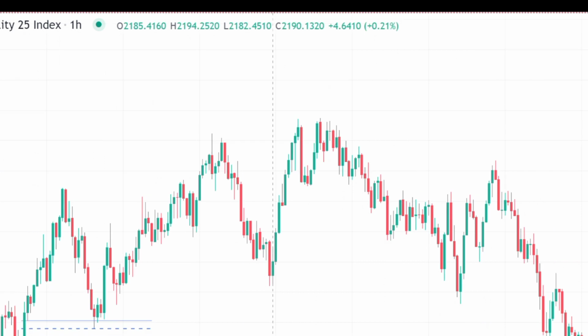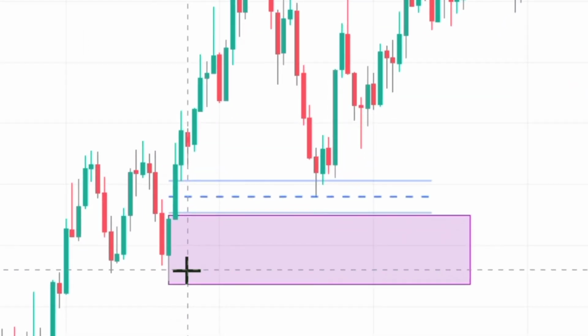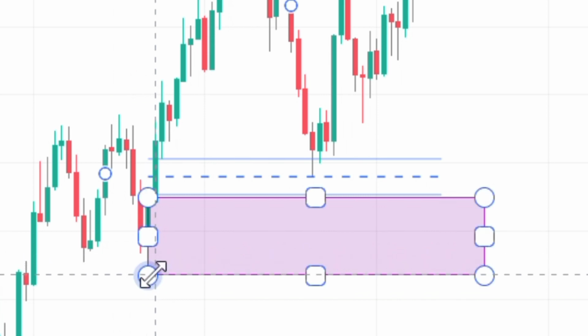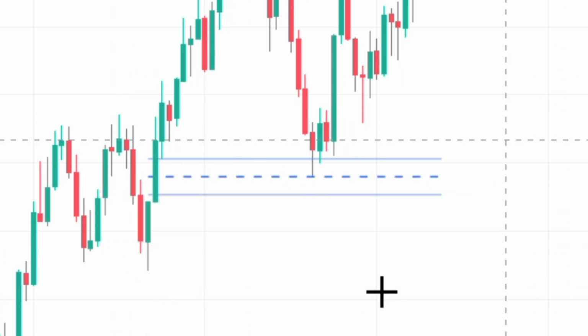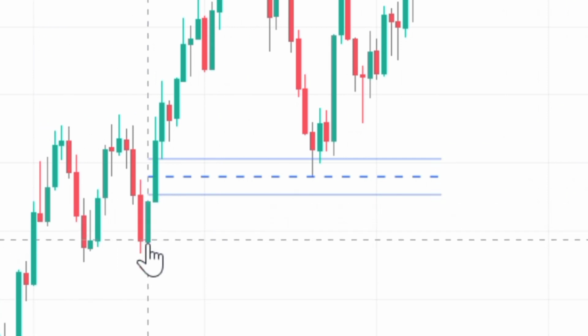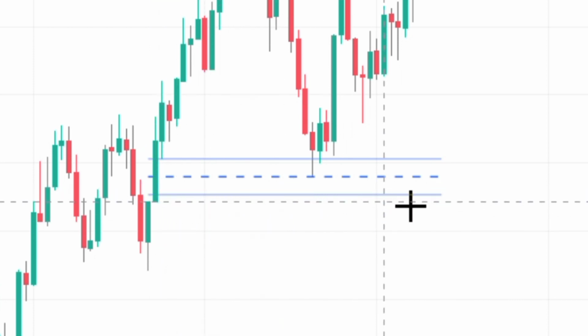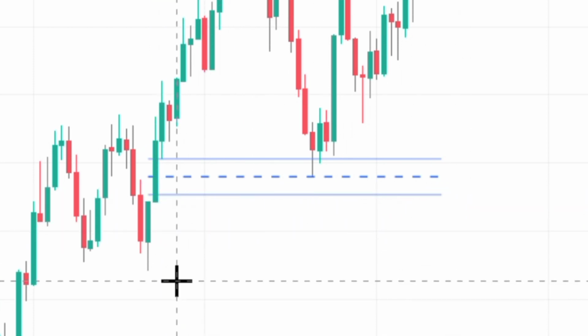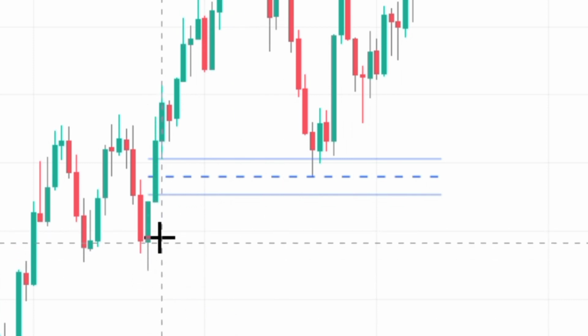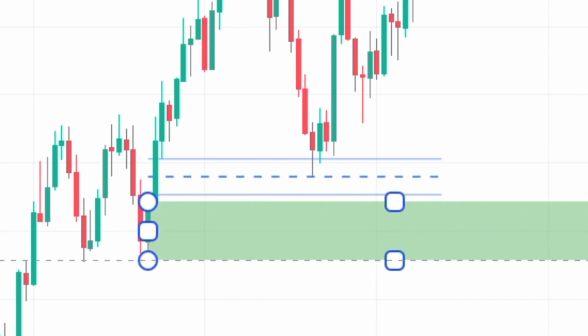So let's go on. I made more examples. Over here we have another order block lying just right here, and this order block has an FVG. As you can see, I've already marked it here. The order block is unmitigated.